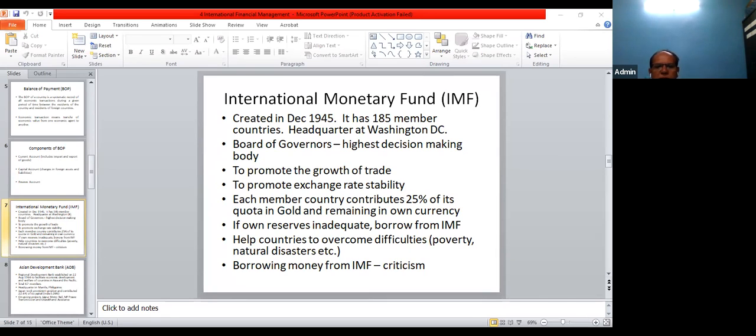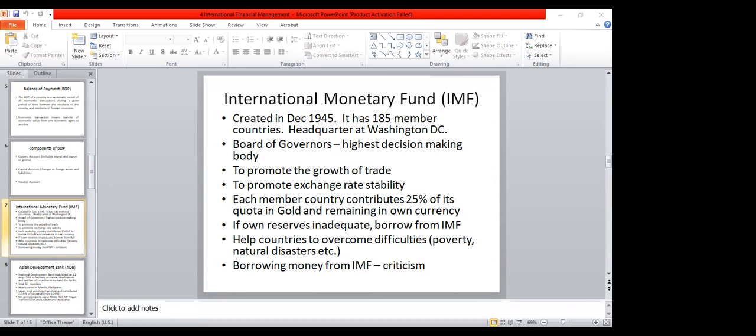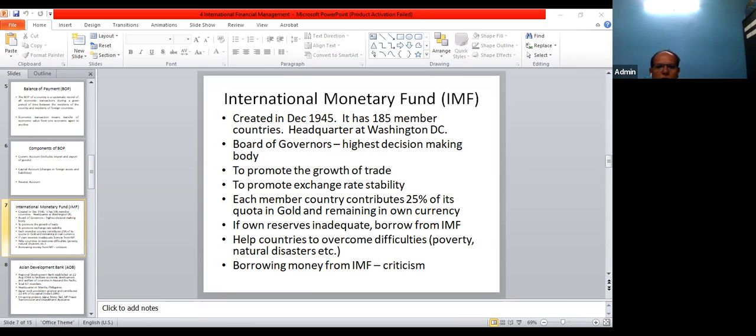Each member country contributes 25% of its quota. So suppose you have a 50% quota, meaning your country will have that much representation in global business, and the remaining in own currency. So that much amount we will have to keep with the IMF. So this was the way and means of the IMF to develop their own funds.